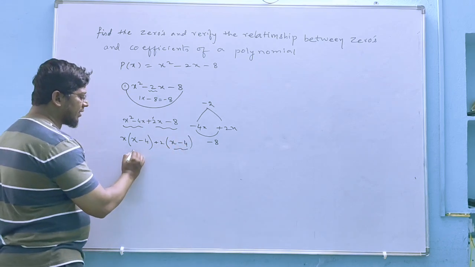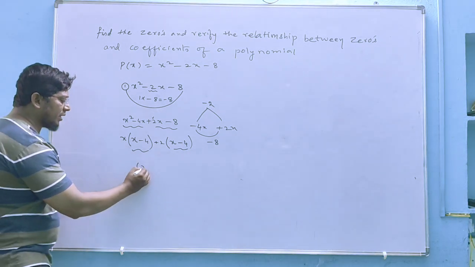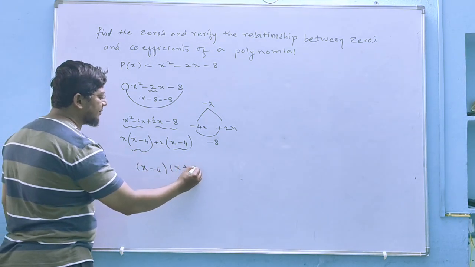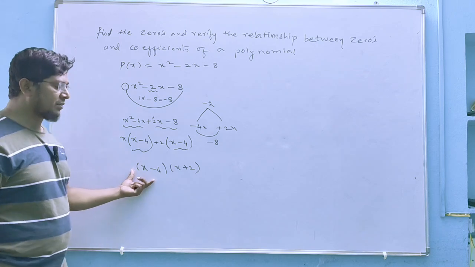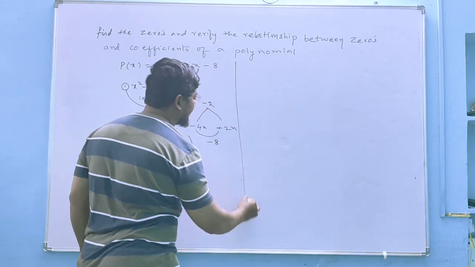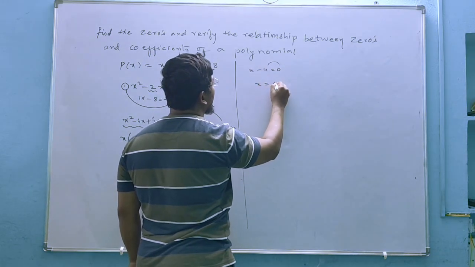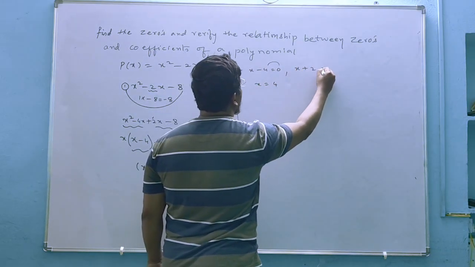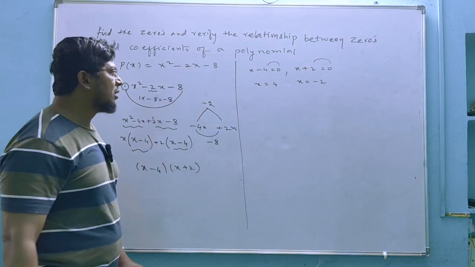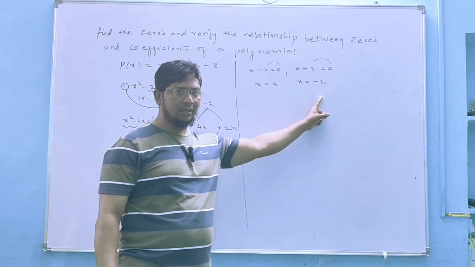So we have x minus 4 same, we should write one time, and x plus 2 also one time, which means x minus 4 equal to 0, x plus 2 also equal to 0. So x minus 4 equal to 0, which means x is equal to 4. x plus 2 also is equal to 0, plus 2 comes to the right hand side, it becomes minus 2. So we have two zeros, one zero is 4, another zero is minus 2.